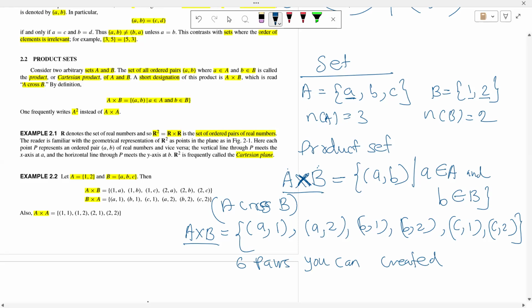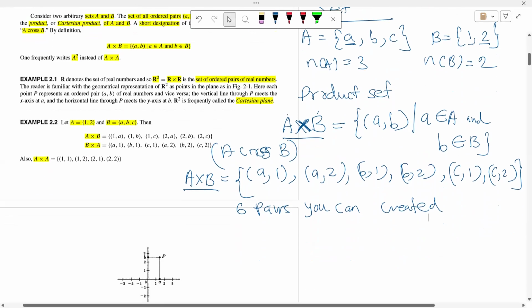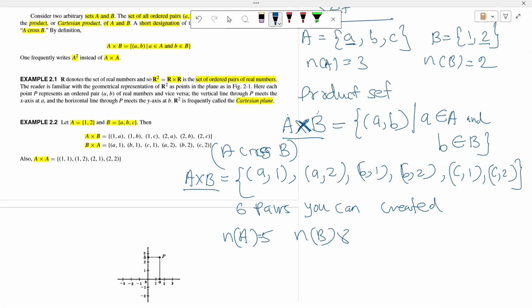To find out how many pairs, we can't always write all the pairs. Let's imagine there is a set A that contains five elements. Similarly, there is a set B that contains eight elements.